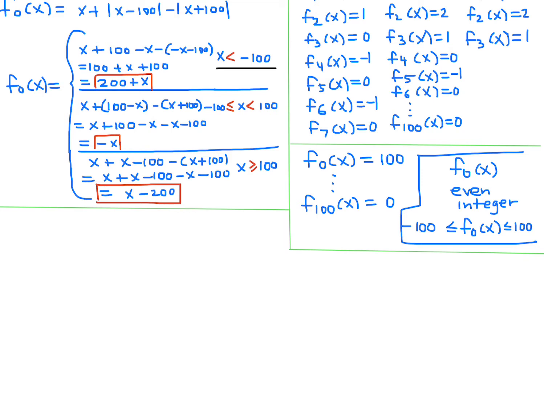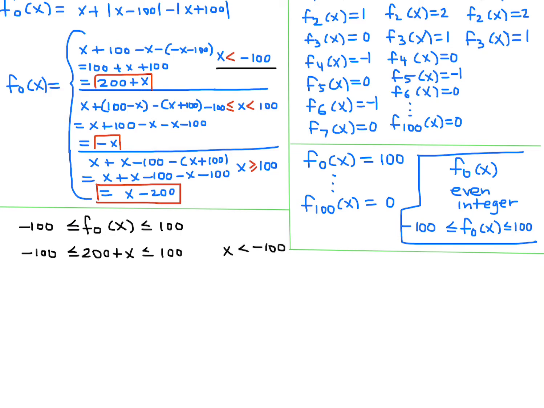That rule states that f at 0 at x has got to be between 100 and -100. Well, f at 0 at x here is 200 plus x. So I put that in there. 200 plus x is between 100 and -100. And that is true only when x is less than -100.